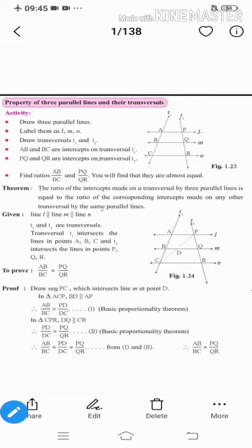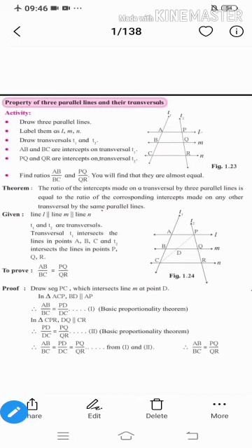Now find the ratios AB upon BC and PQ upon QR. You will find that they are almost equal.